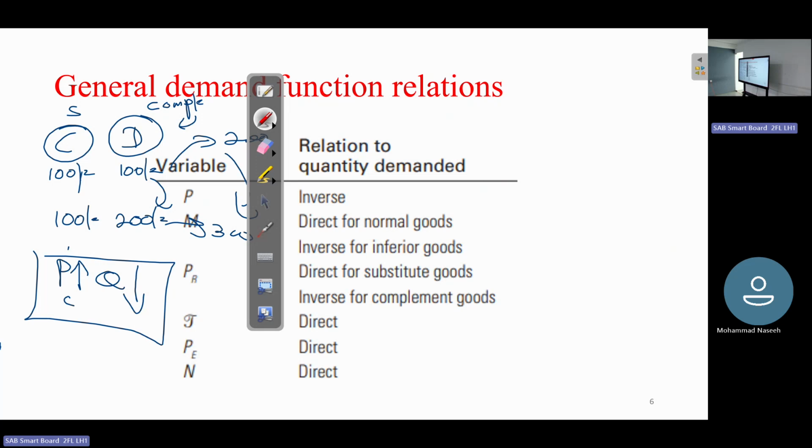Consumer expenditure: the consumer needs to spend more money than in the previous situation.